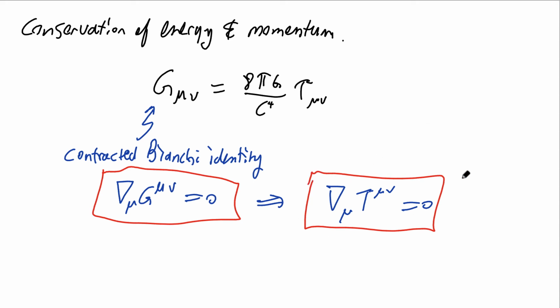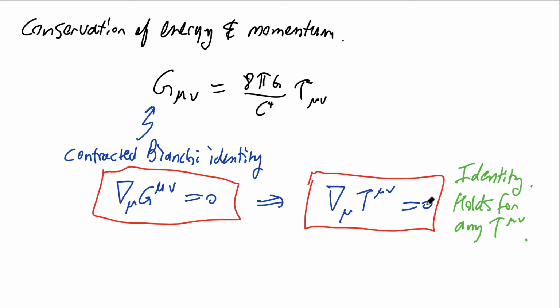Now, this is an identity. It holds for any stress energy momentum tensor, as long as the equations of motion for the matter field are satisfied. So it's an identity in the sense that it's not a restriction on the matter fields or on the stress energy momentum tensor.